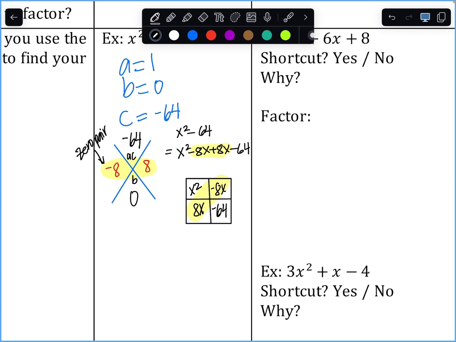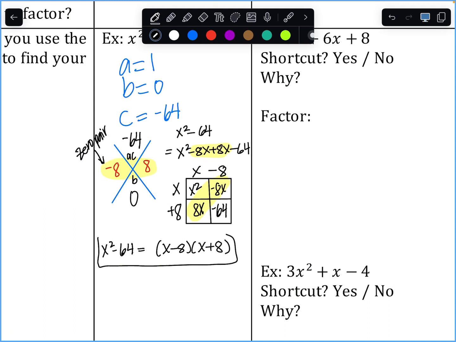Yeah, I like how you said x times x gives you x squared, and then one's a minus 8 and one's a plus 8. So therefore x squared minus 64 equals x minus 8 times x plus 8. There you go.